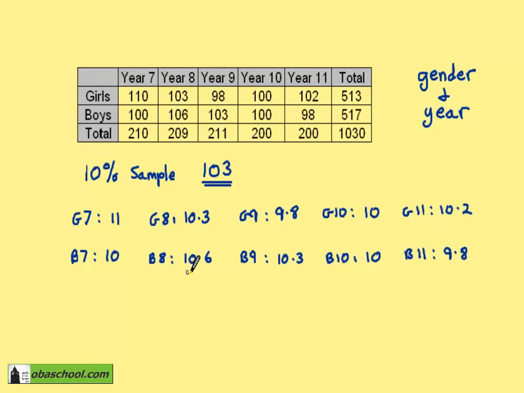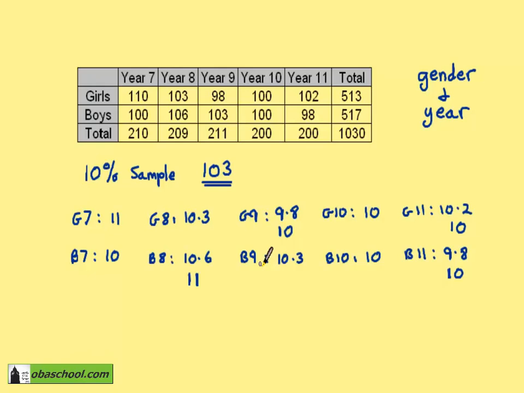For example, the 10.6 here we might make 11. The 9.8 we'd make 10. This 9.8 10 as well, and the 10.2 here also 10. With the two 10.3s, if we made them both 10, we wouldn't have enough pupils in the sample. We'd only have 102.